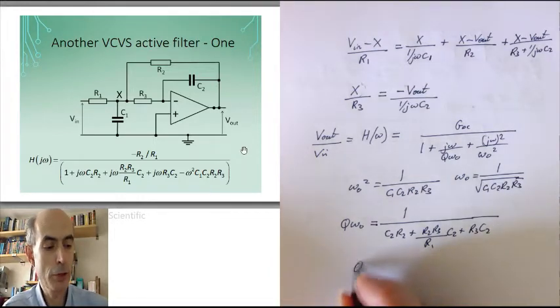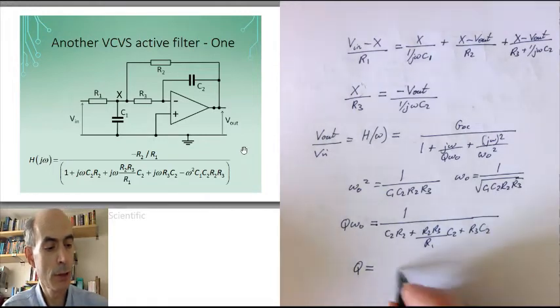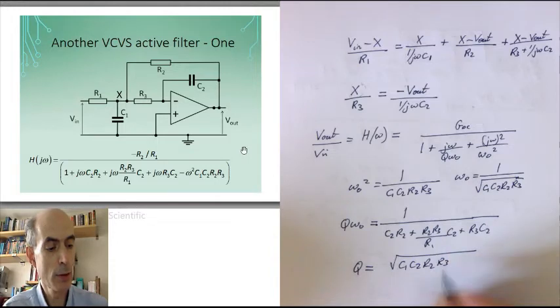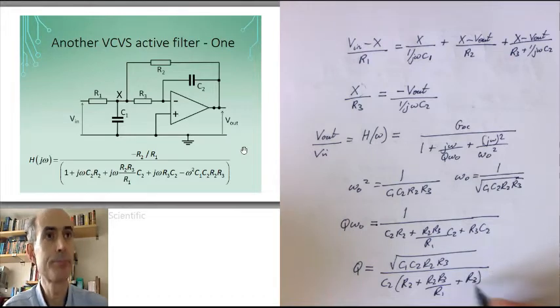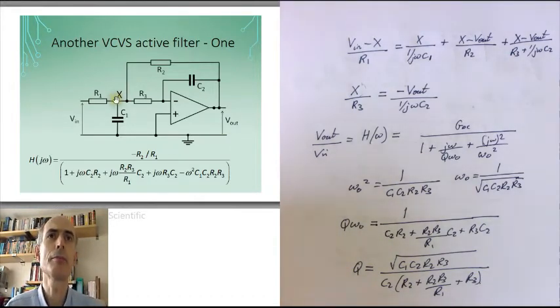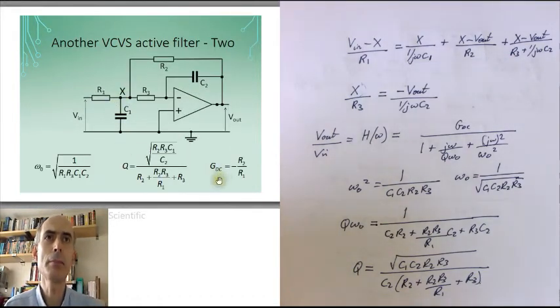And therefore Q is the square root of C1, C2, R2, R3 over, and there's a common term in C2 I can extract from the denominator, leaving me with this. So, to summarise, the gain at low frequencies is minus R2 over R1. The Q factor is given by this expression, and the resonant frequency by this expression.